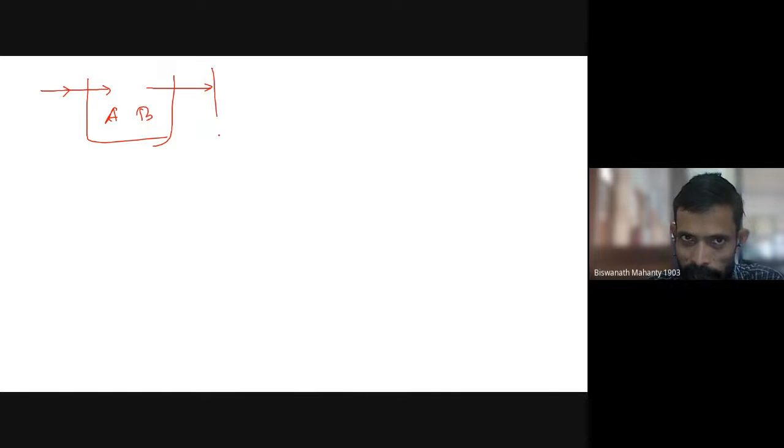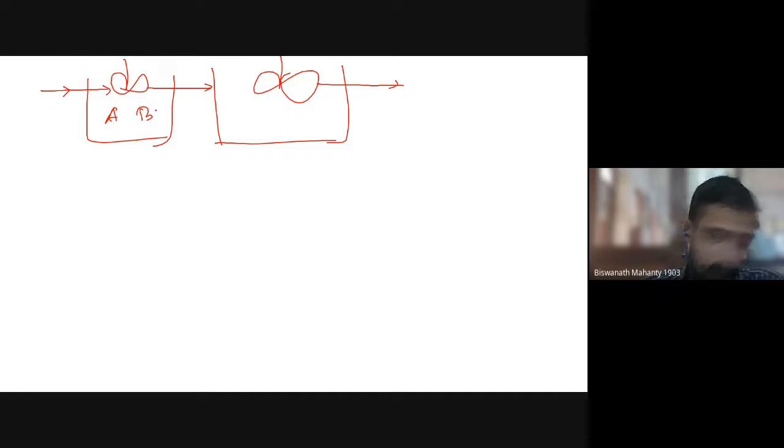Then what can I do? I can have another, possibly larger fermenter, with a slightly bigger volume, making it two stages. So I am connecting the output of this reactor to that one. What will happen if I have two reactors in series?